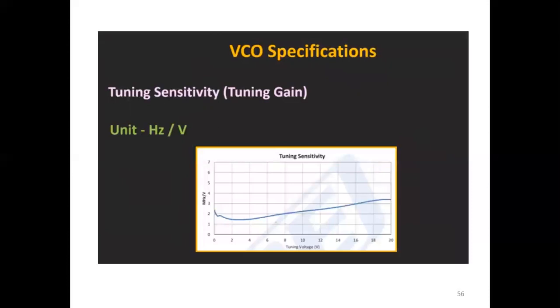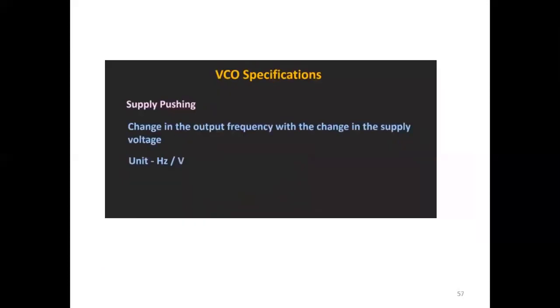Tuning sensitivity, or tuning gain, has the unit hertz per volt. That is, for a change of 1 volt, how much the frequency will change. That is the sensitivity of the VCO.